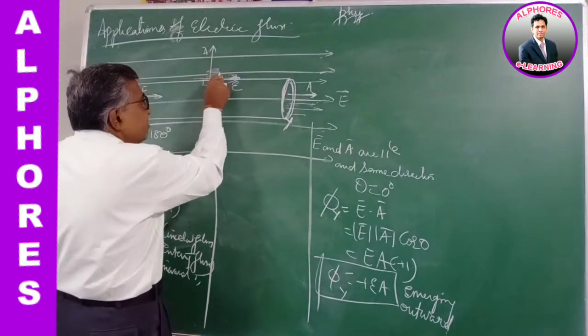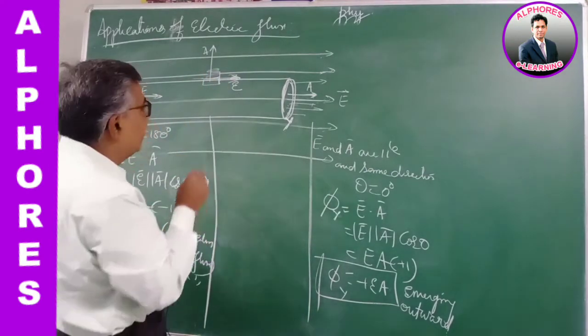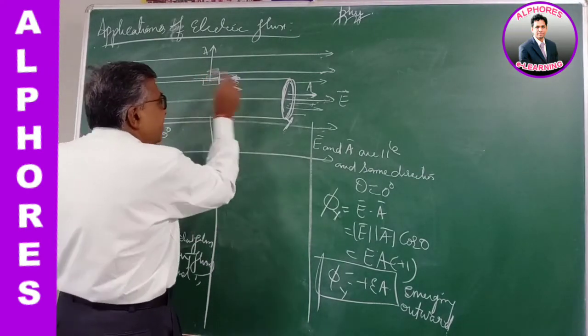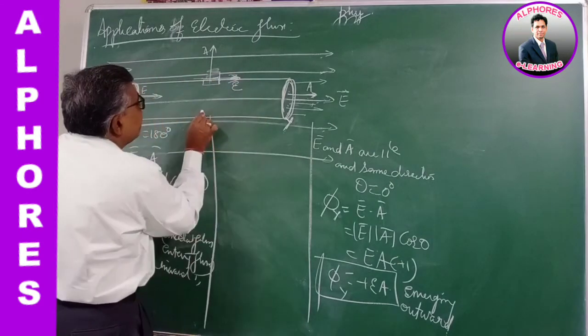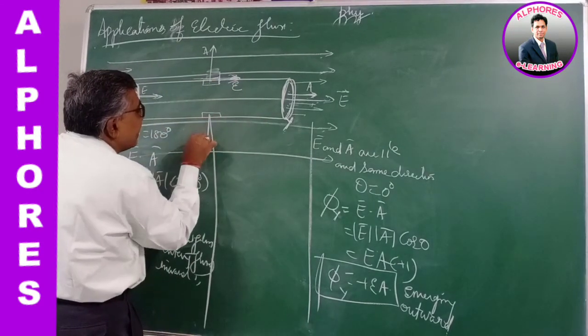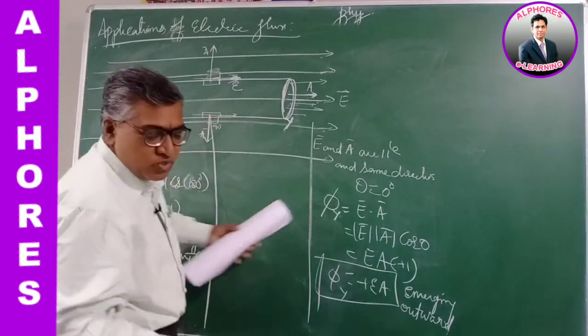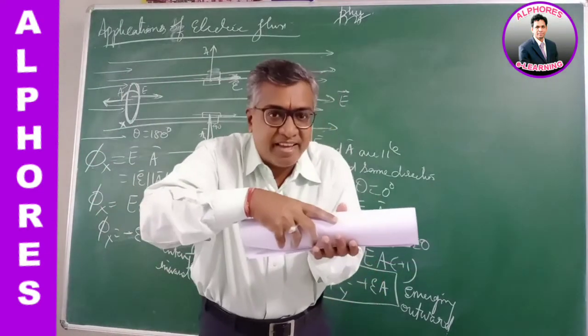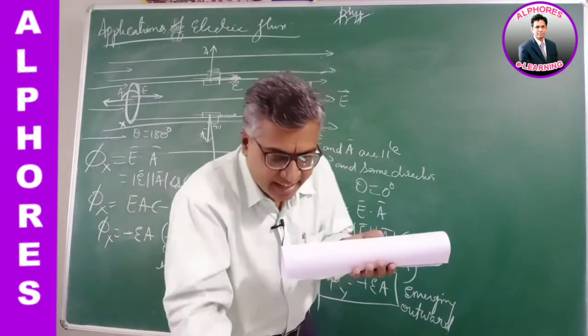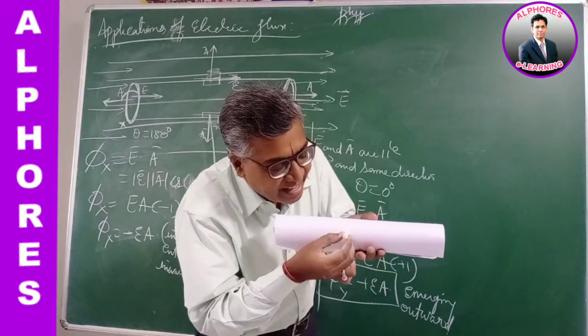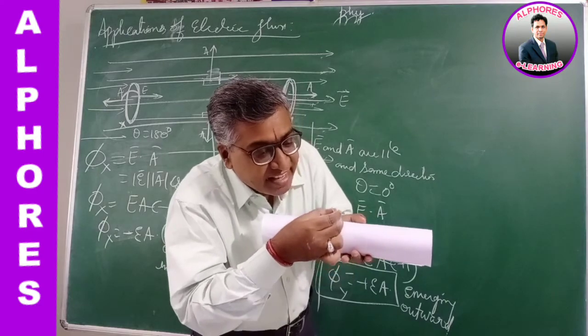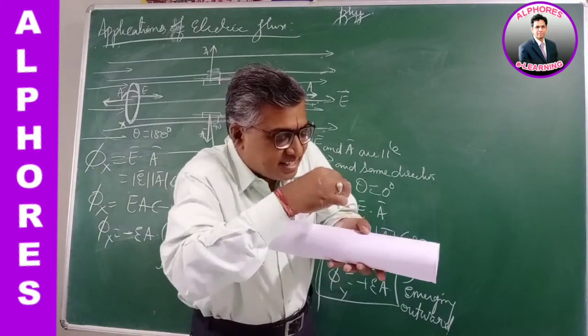The angle between them is 90 degrees. Now the flux here: wherever you consider the area element, the area element is this side and the electric field angle is 90. So on this curved surface, at any point you consider, the area is outward normal, here the area is like this, here this way.